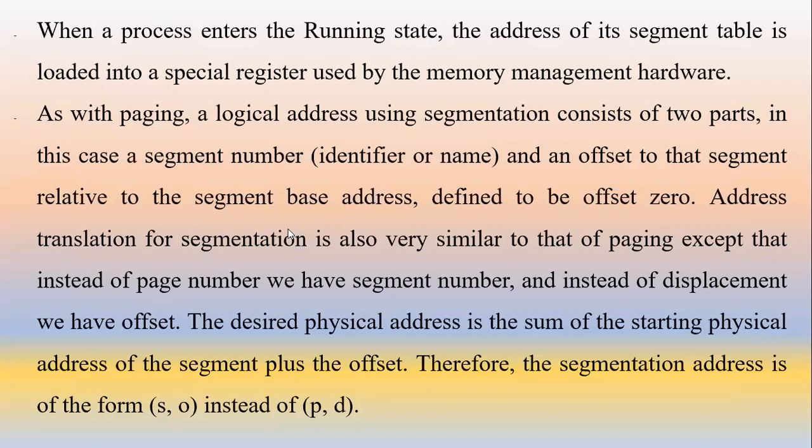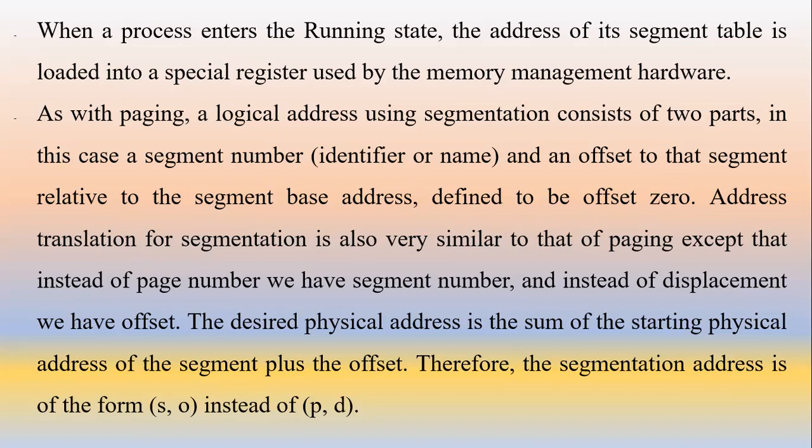Therefore, when a process enters the running state, the address of its segment table is loaded into a special register that is used by the memory management hardware. Just as with paging, a logical address using segmentation consists of two parts.